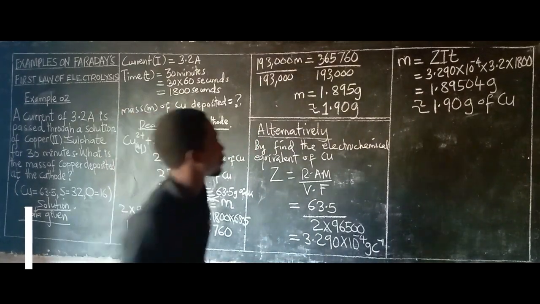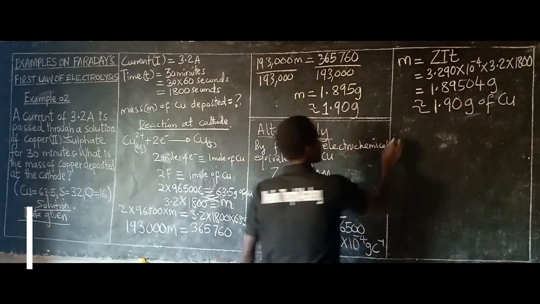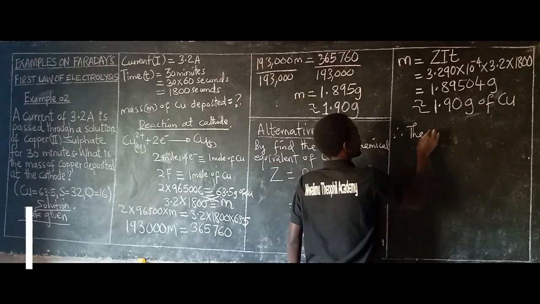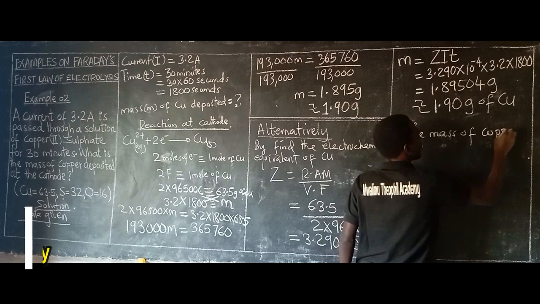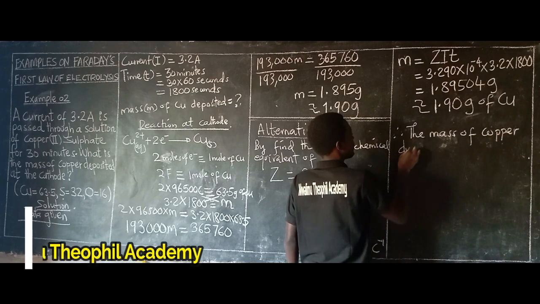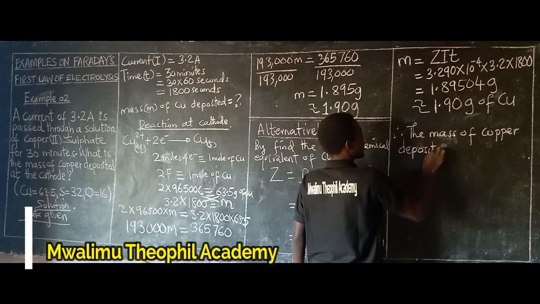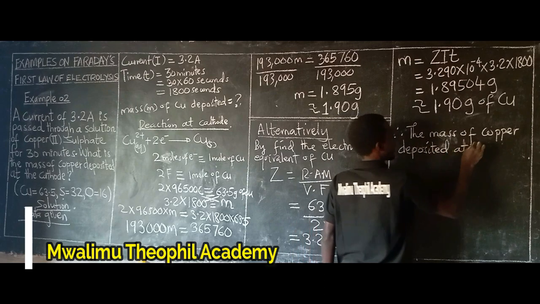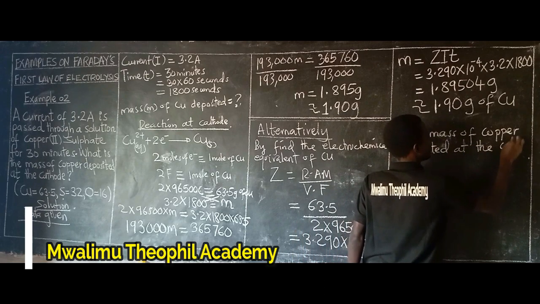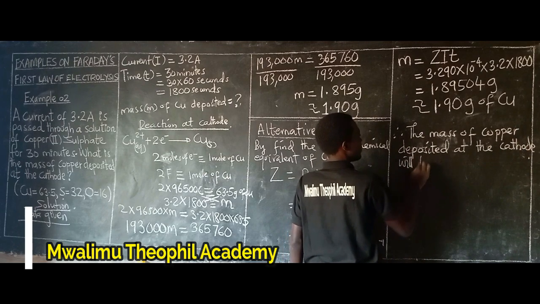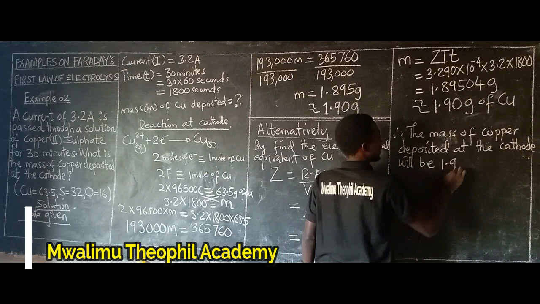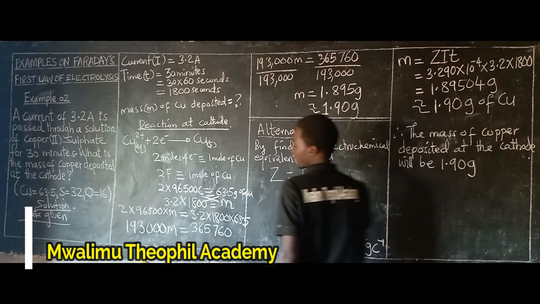So we conclude by saying that the mass of copper deposited at the cathode will be 1.90 gram.